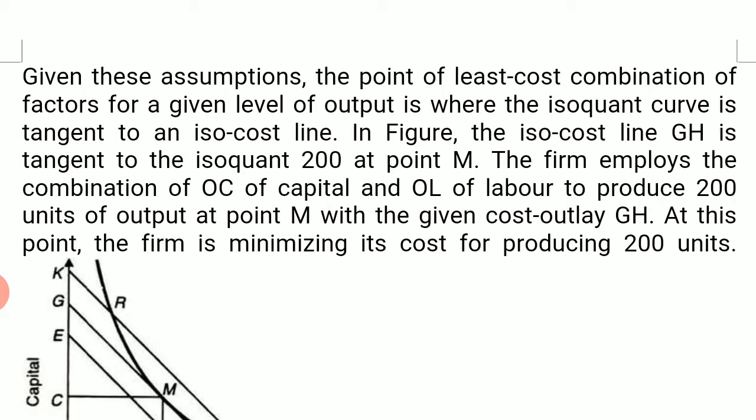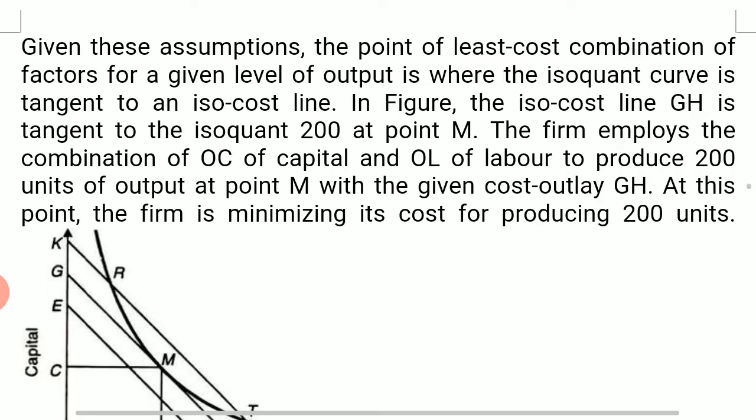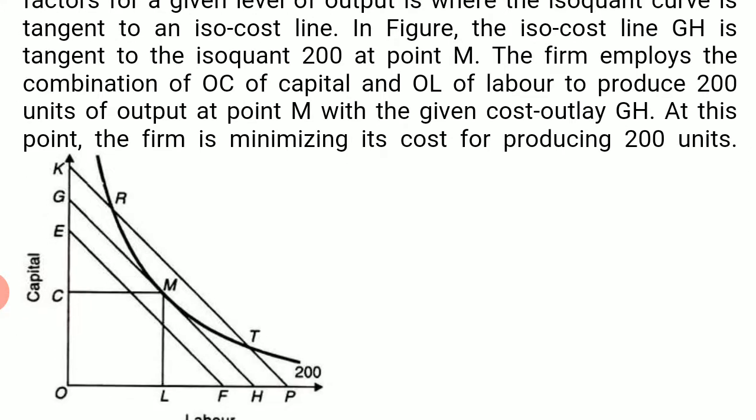Given these assumptions, the point of least cost combination of factors for a given level of output is where the isoquant curve is tangent to an isocost line. In the figure, the isocost line GH is tangent to the isoquant 200 at point M. The firm employs the combination of OC of capital and OL of labor to produce 200 units of output at point M with a given cost outlay GH.